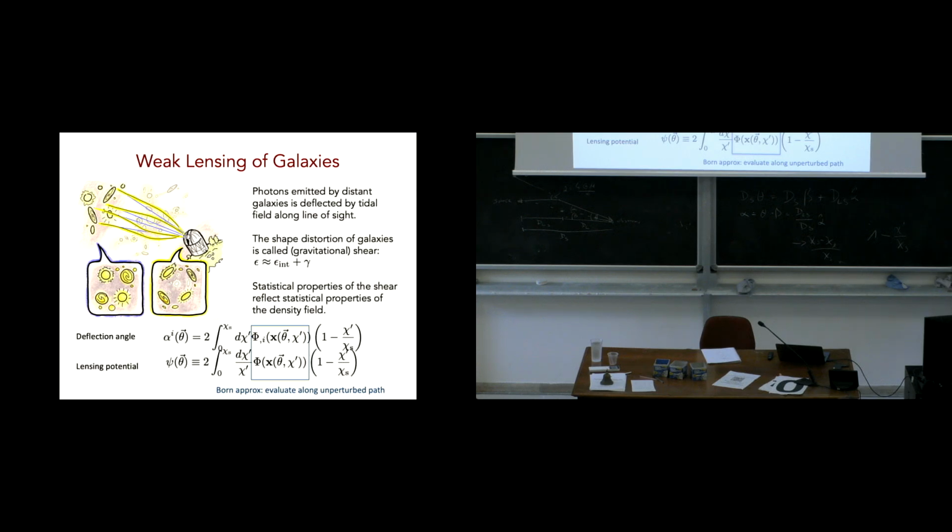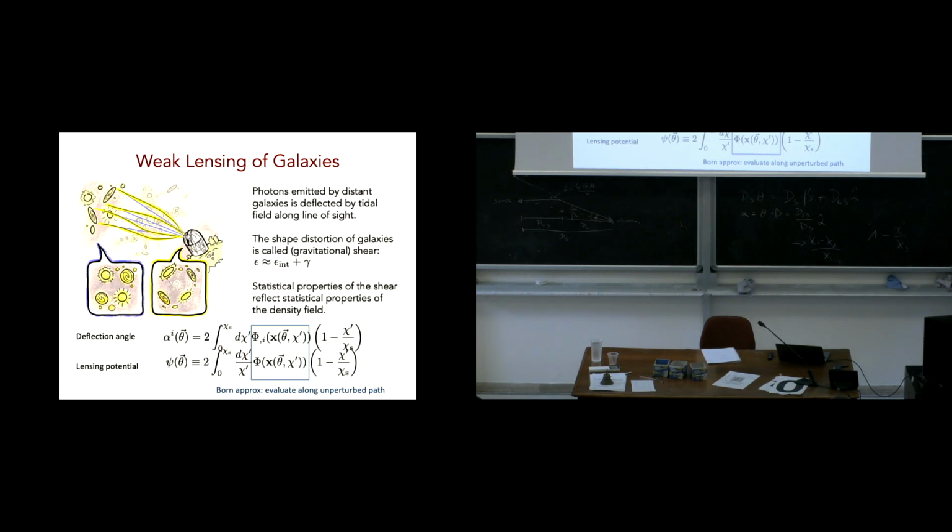And in particular, these ellipticities will align tangentially around overdensities. So at that point, I will just say that the observed ellipticity at the end is our intrinsic ellipticity plus gamma, a gravitational shear. And the statistical properties of this shear then reflect the statistical properties of the density field.